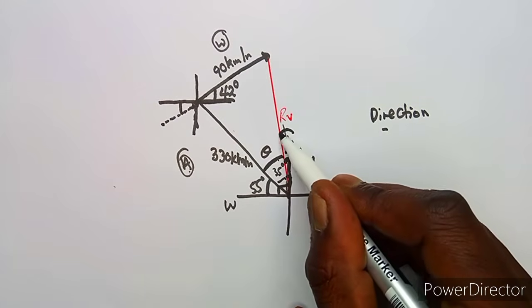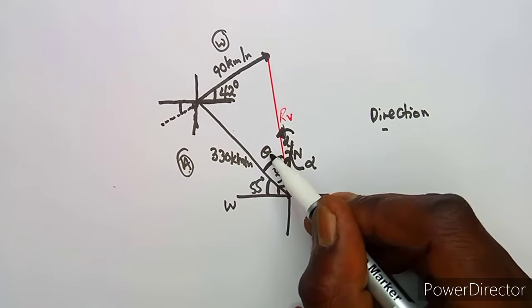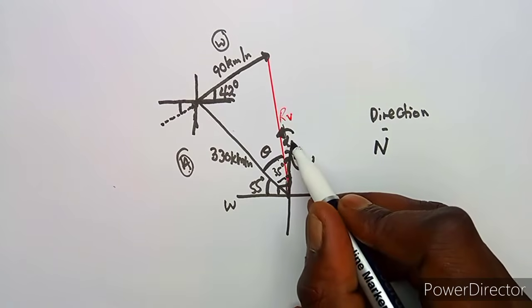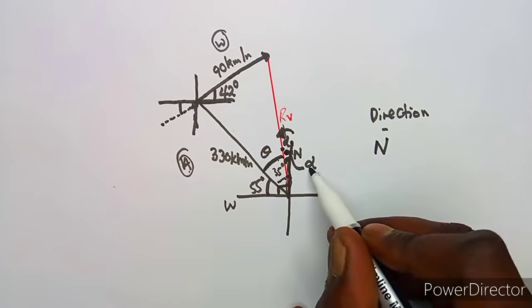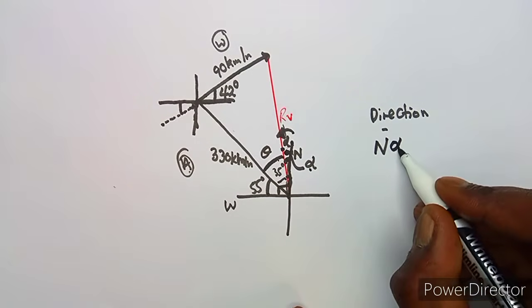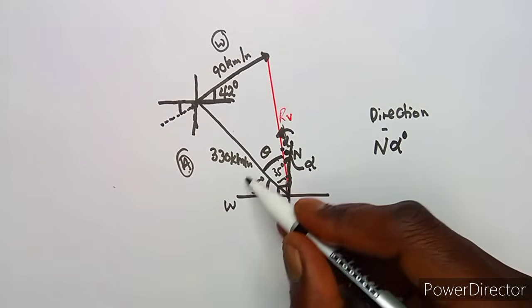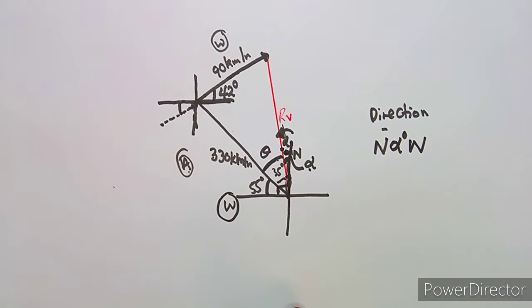So your direction is going to be like this, from the north pole going to the west. This angle in between the north pole and the resultant, we said this small angle is alpha. So it is going to be north alpha degrees going this direction, which is to the west. So that is your direction.